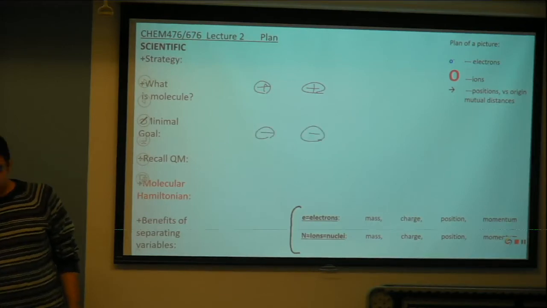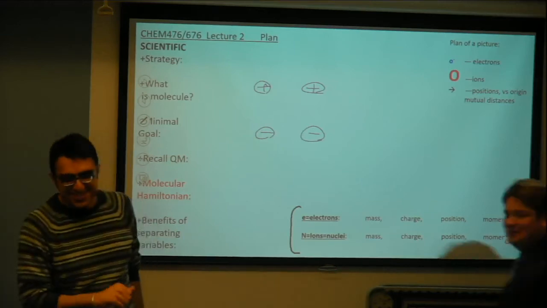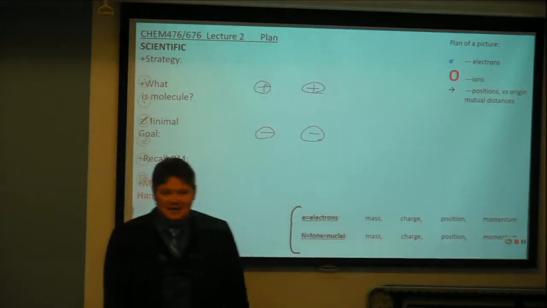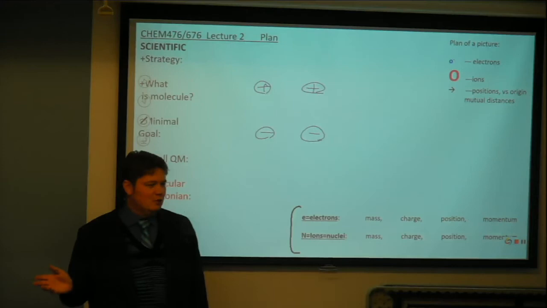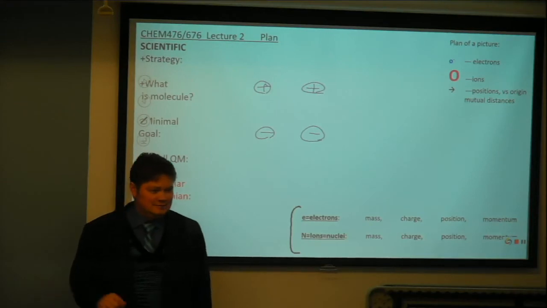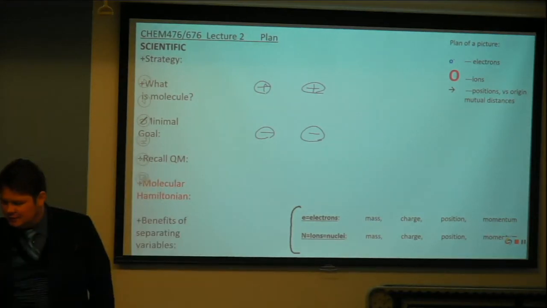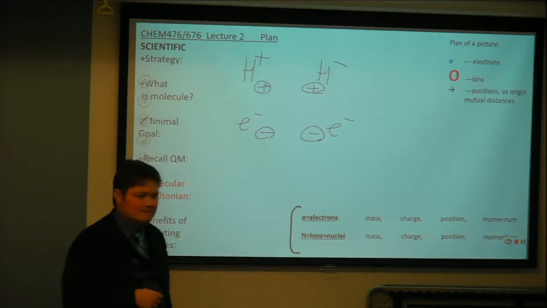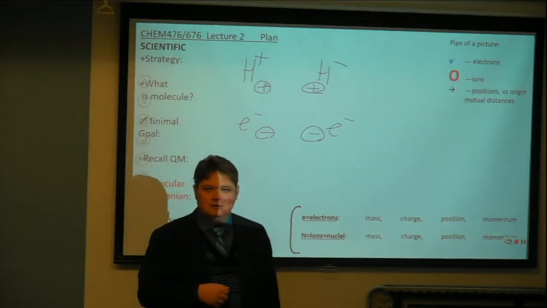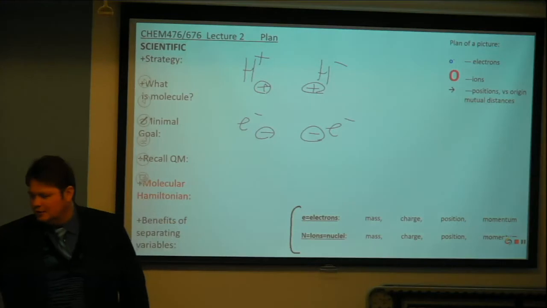Yeah, thank you. Sufficient. I told you it would be easy. Your homework will be like this. So this is a proton, another proton. This is the first electron, this is the second electron, right?